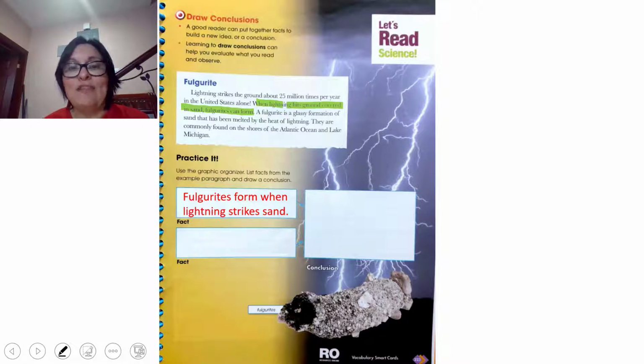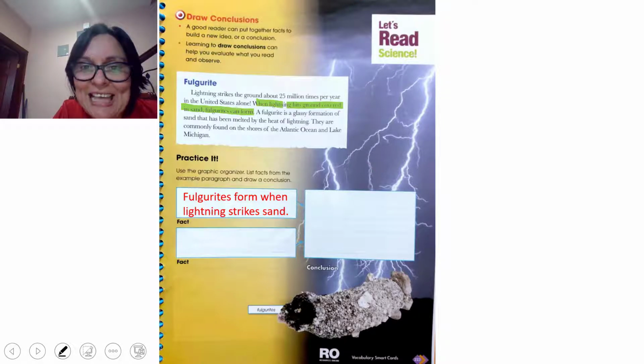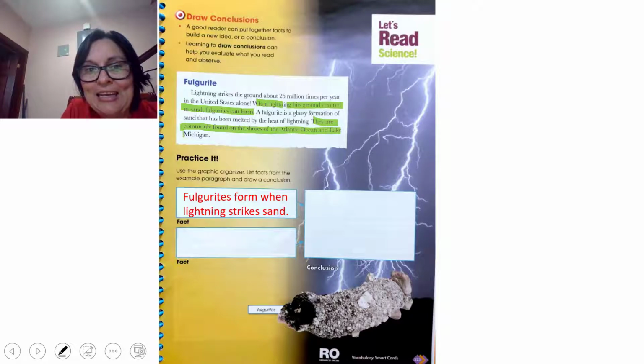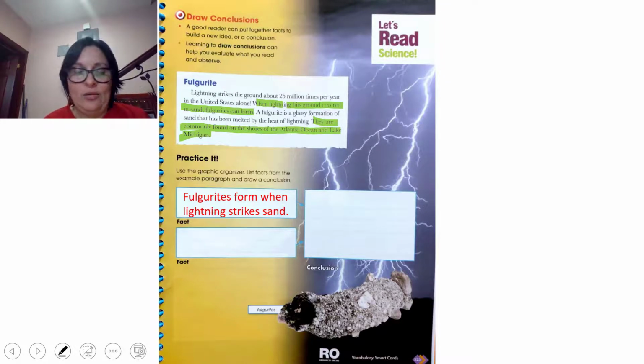So the first fact that we have is fulgurites form when lightning strikes or hits sand. Okay, can you find another fact? Exactly, we can say that they are commonly found on the shores of the Atlantic Ocean and Lake Michigan. Okay.